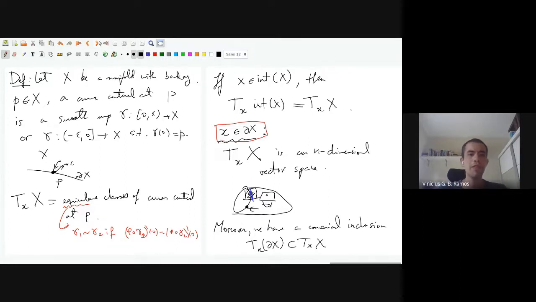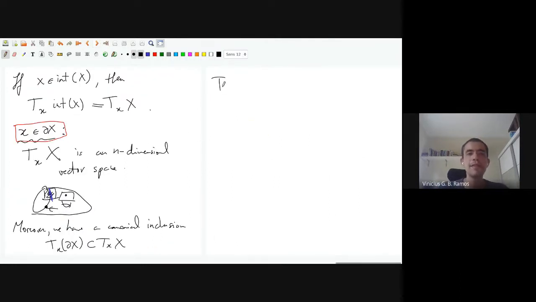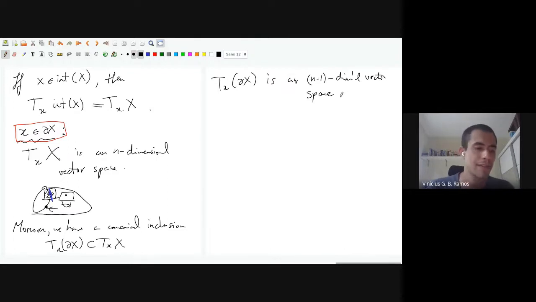Okay, but of course, the tangent space to the boundary, this is an n-1 dimensional vector space. Okay, any questions about this? This might be obvious to some people, but it's not completely obvious.